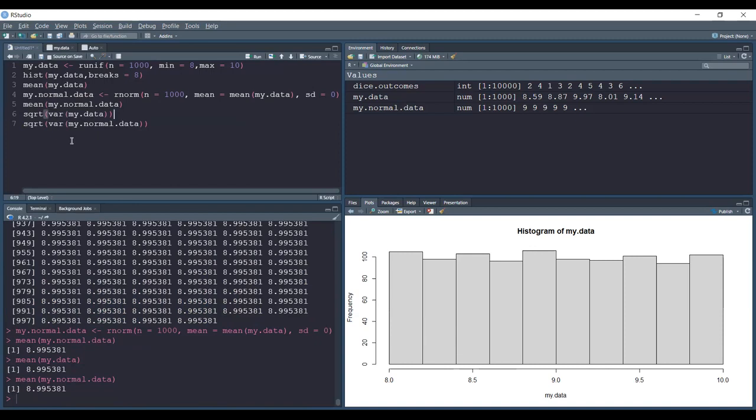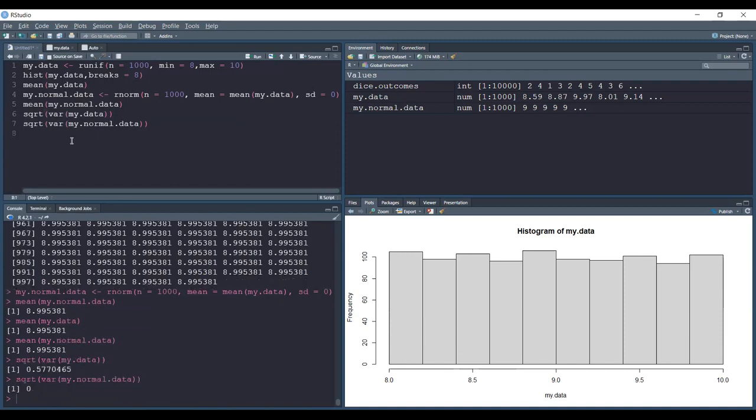So look at the difference. So we have 0 standard deviation, which basically means it's not a random variable. If it's 0, there is no randomness, so to speak. Whereas in my data, there is variance, there is standard deviation, there is variability.